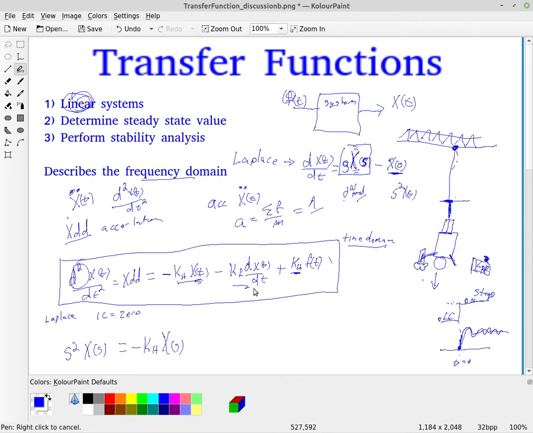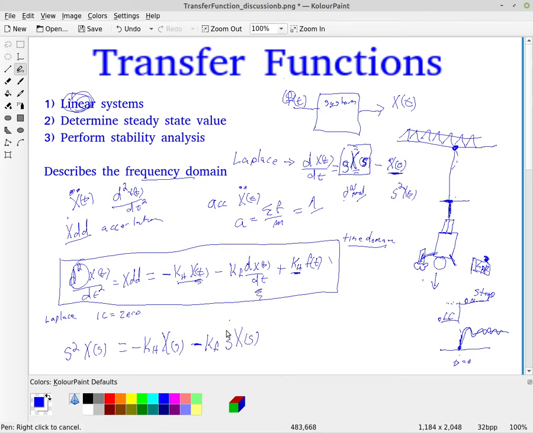And then we have the friction term. This is the first order linear friction term that we're using, and so we have this friction coefficient, which is just a fixed coefficient, times s times X of s, because there's a derivative piece there.